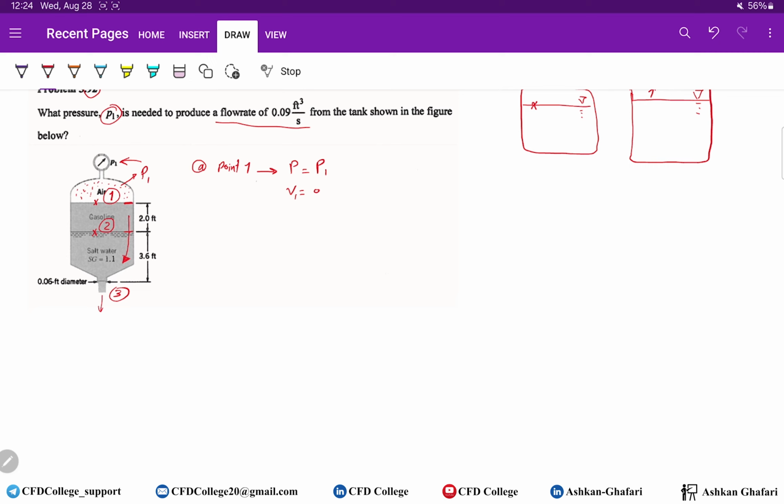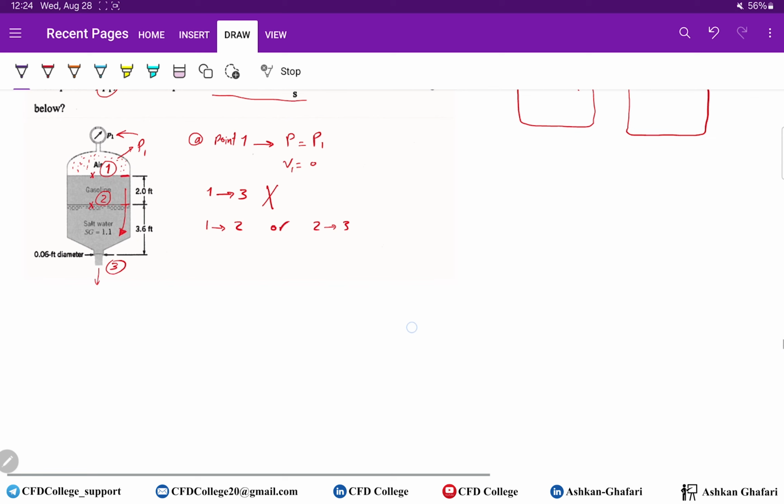So you cannot write Bernoulli equation between point 1 and 3, because here the fluid will change from gasoline to salt water. So you can write the Bernoulli equation between point 1 and 2 or between point 2 and 3. So know that this is important.